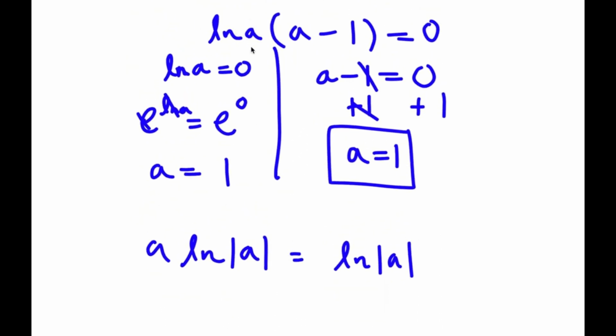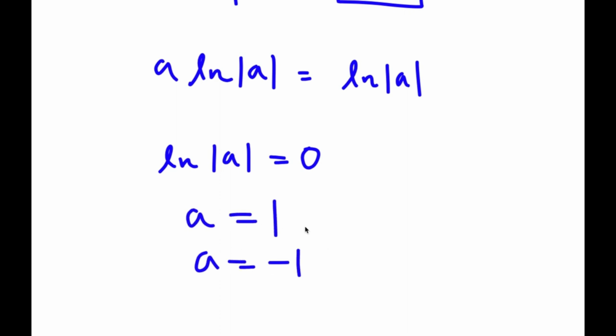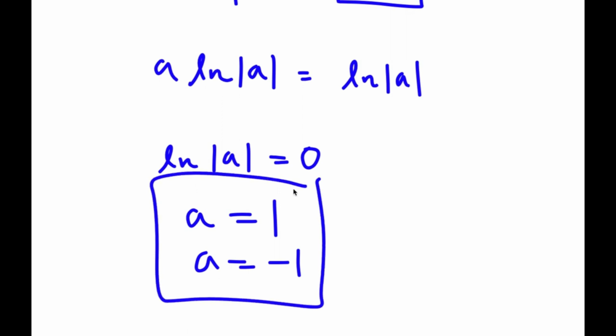So now I have ln of the absolute value of a is equal to 0, and this means that a is going to equal 1 as well as negative 1. So these are my two solutions.